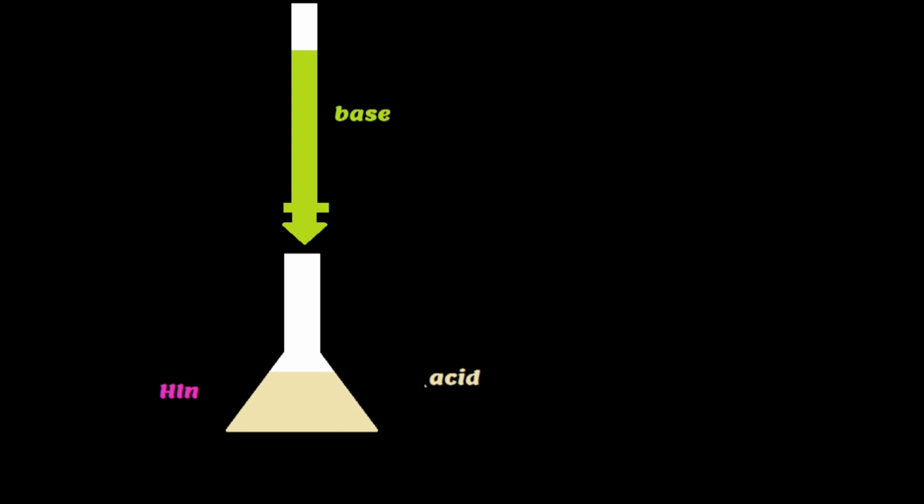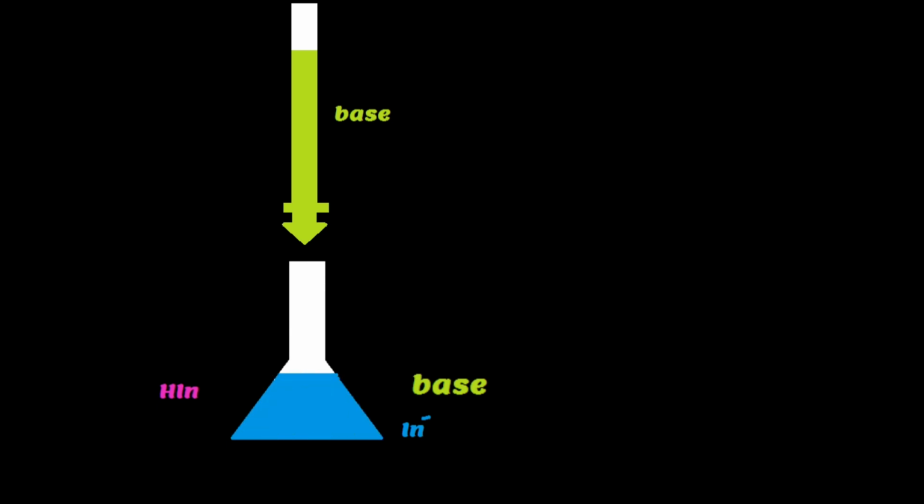As the titration proceeds, you can see one drop by drop the base is added. After the equivalence point, the excess amount of base coming from the burette makes the conical flask basic. The HIN added will undergo ionization to get In-, which has different color from HIN undissociated.